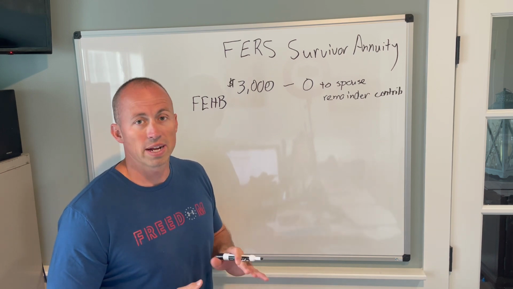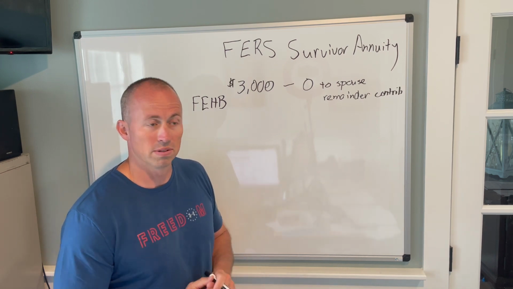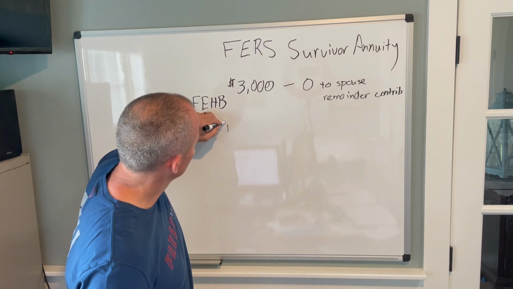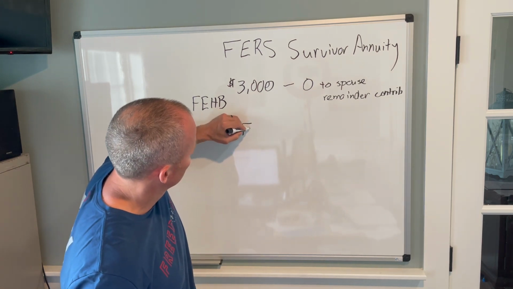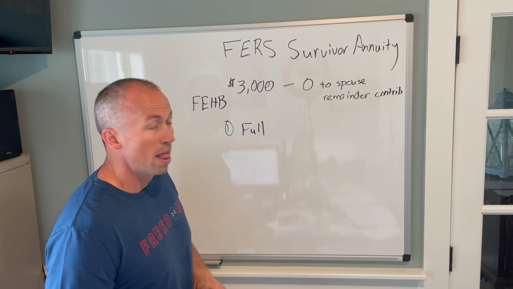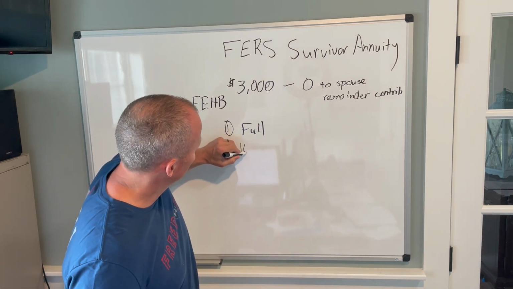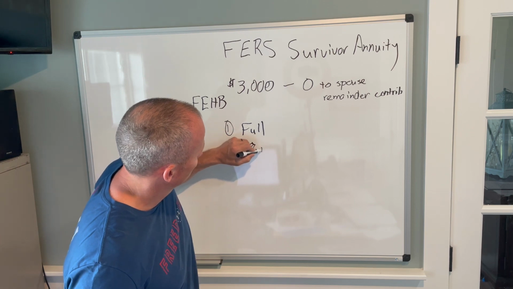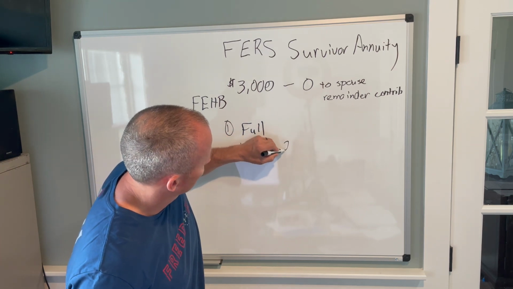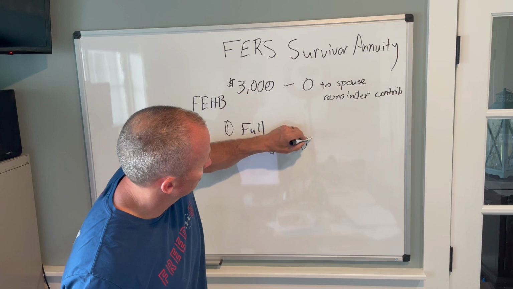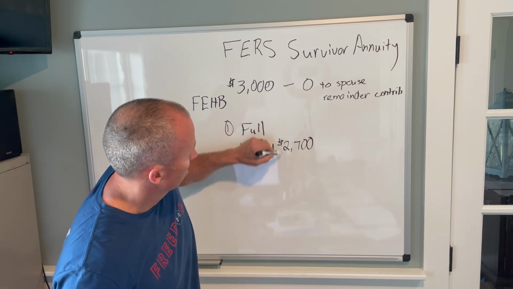And if you choose a survivor annuity, you have 2 options. The first option is the full. With the full, you're going to take a 10% reduction, which is going to be $2,700, all right?